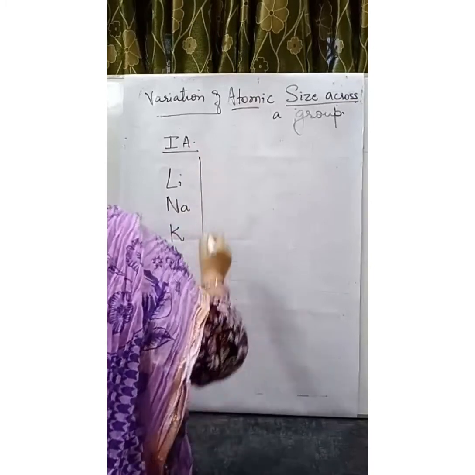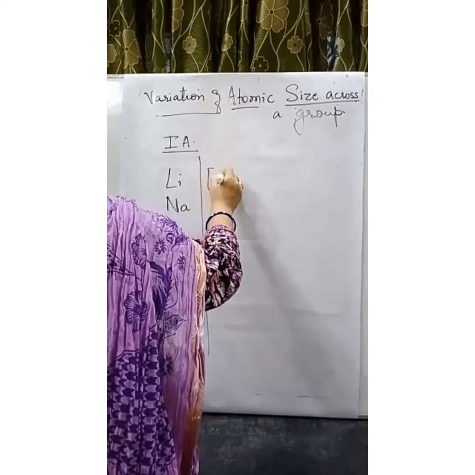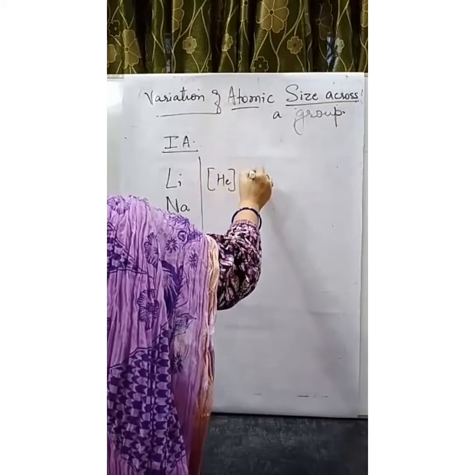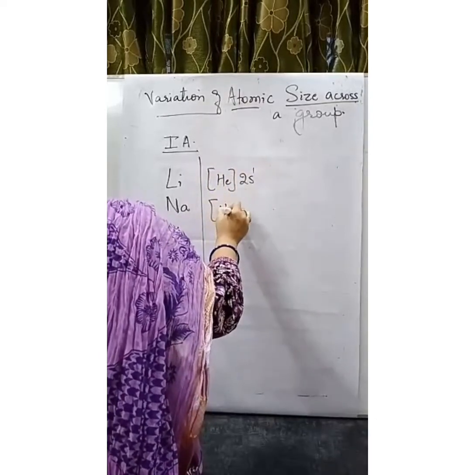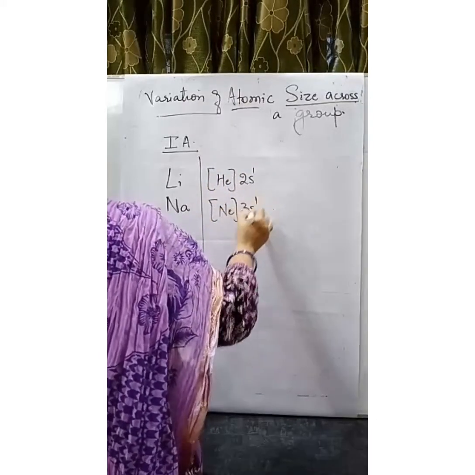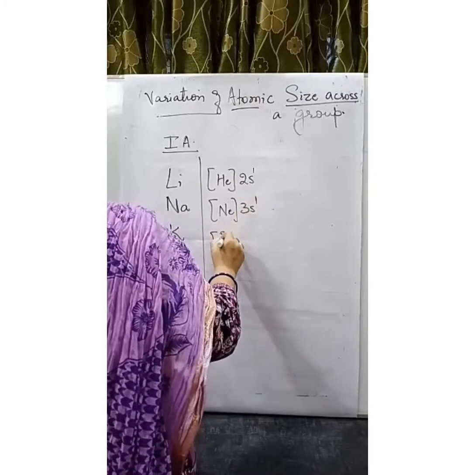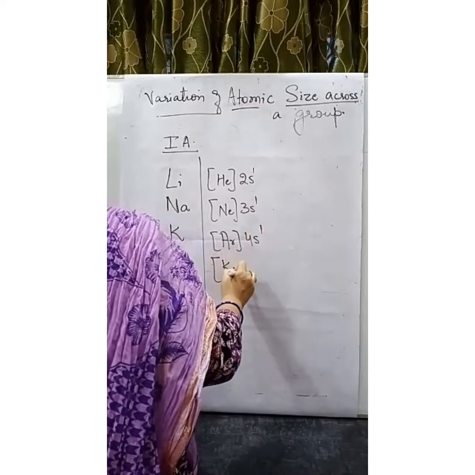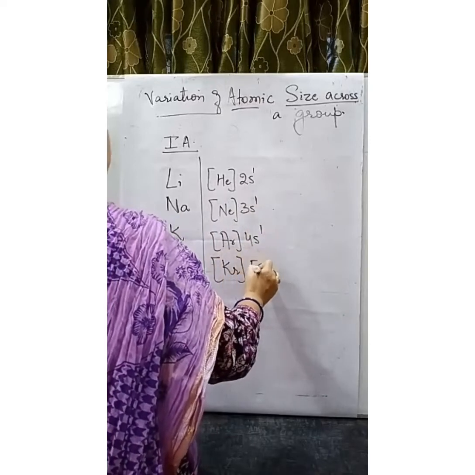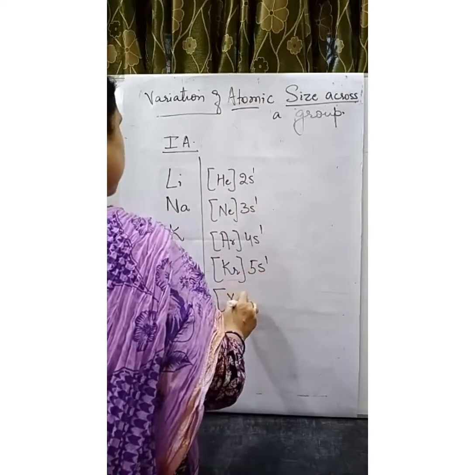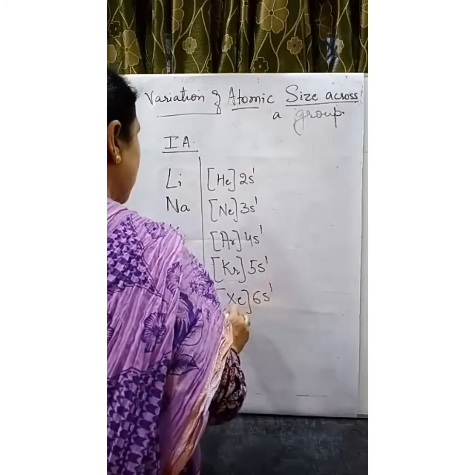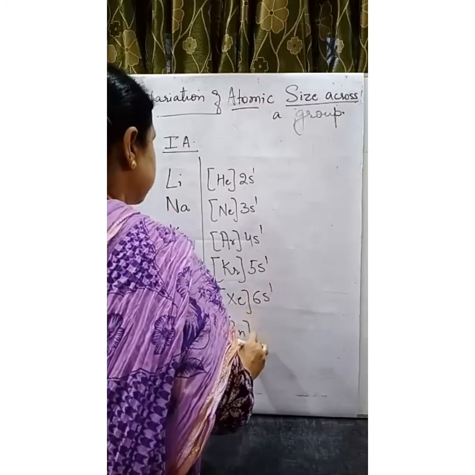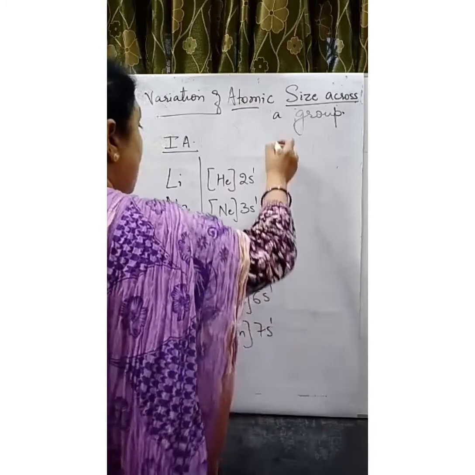I'll put down their electronic configurations: helium 2s1, neon 3s1, argon 4s1, krypton 5s1, xenon 6s1 and radon 7s1.